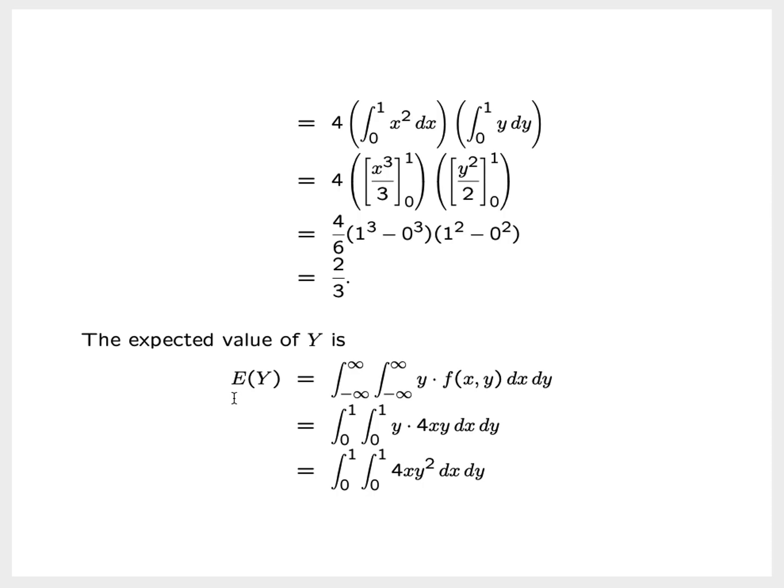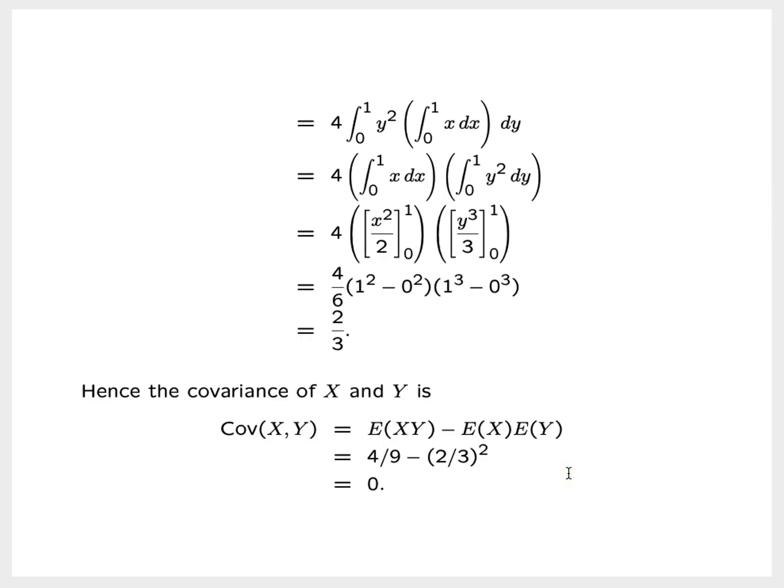Likewise, the expected value of y is this double integral over the two-dimensional plane of y times the joint PDF. That simplifies to the double integral over the unit square of y times 4 times x times y, where both x and y are ranging from 0 to 1. We can solve this double integral in the usual way, and again, we get 2/3.